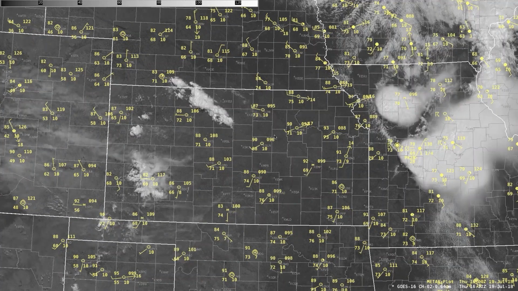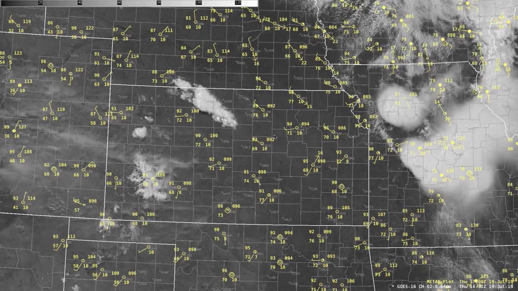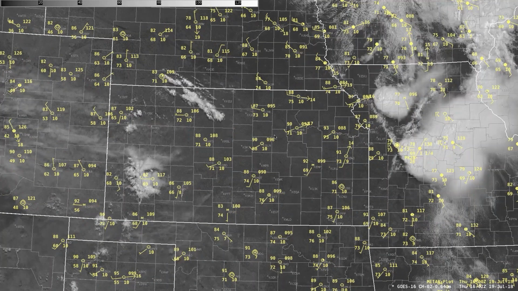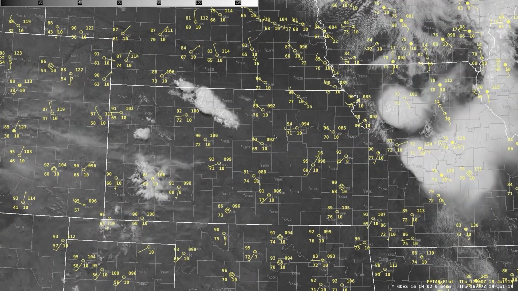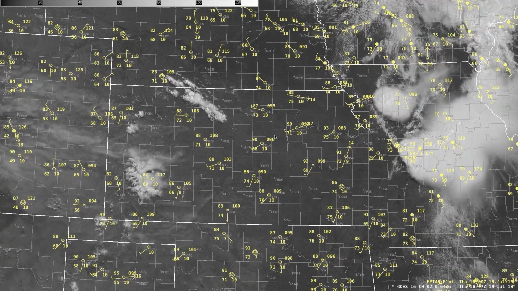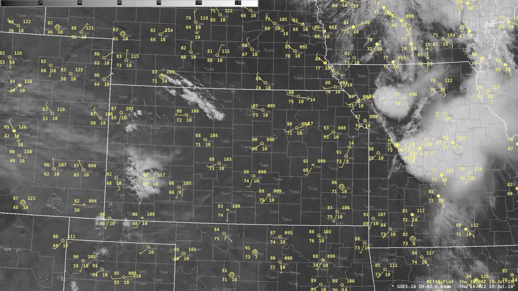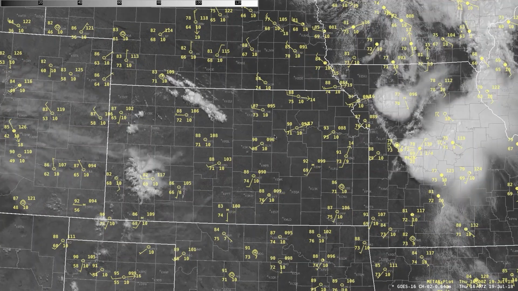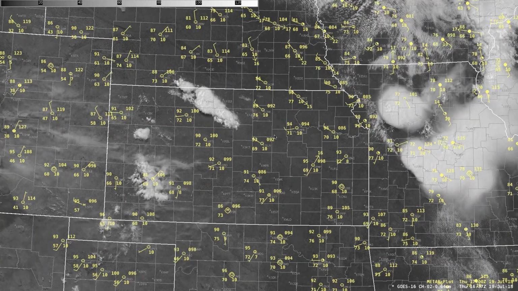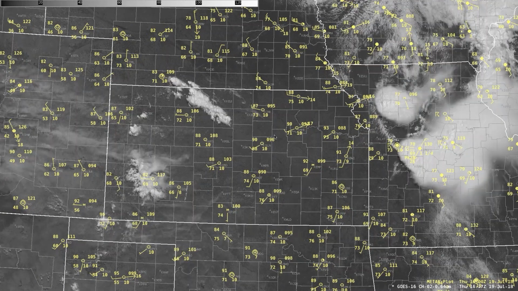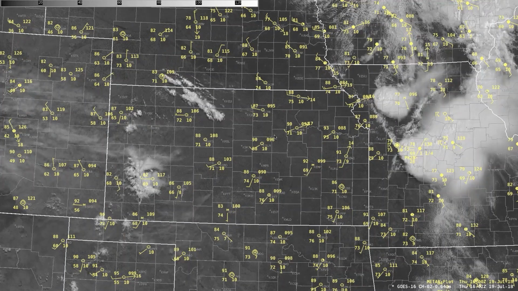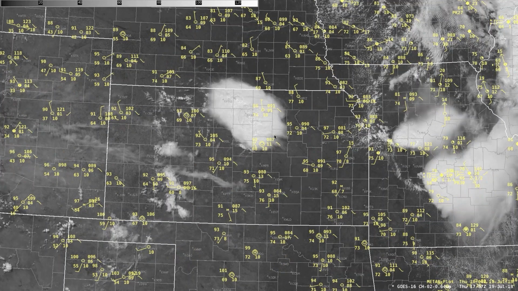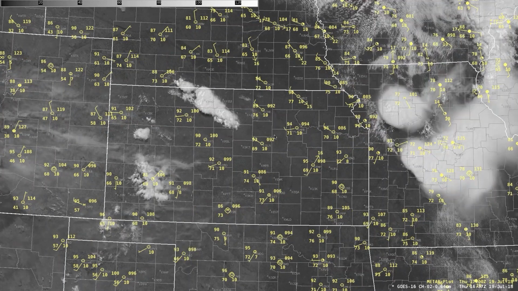So one clue we might look for as an indication of transition, as we mentioned, the whole setup looks like it will be more favorable to becoming more of a QLCS kind of a system as the cold pools amalgamate, as Ariel Cohen likes to say, the spreading out of the pancake batter, sort of an analogy of the cold outflow.